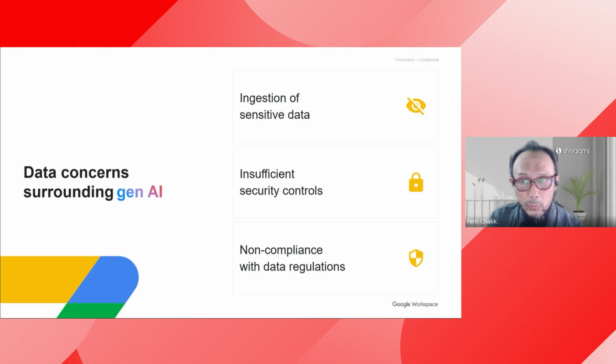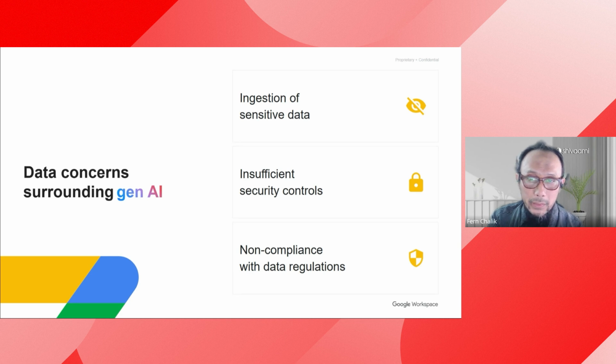Gemini for Workspace only accesses content the user has permission for and does not use your data, prompts, or generated responses to train its models. So your data is your data. Google will not use that to train its models like the free version of Gemini.